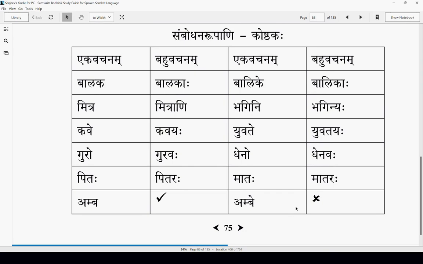Agnimide, ide means pujayami. There, in place of da, la is substituted, because the dakara is followed by a swara, ekara. Agnimide, so that is again the practice.